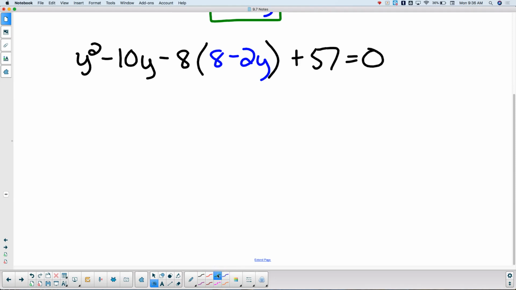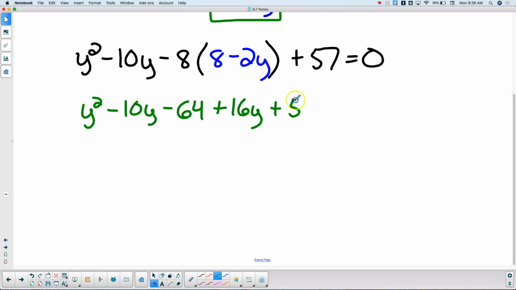So that would be y squared minus 10y minus 64 plus 16y plus 57 equals 0. Right? Yep.